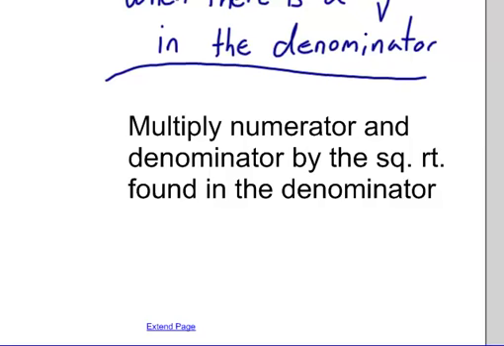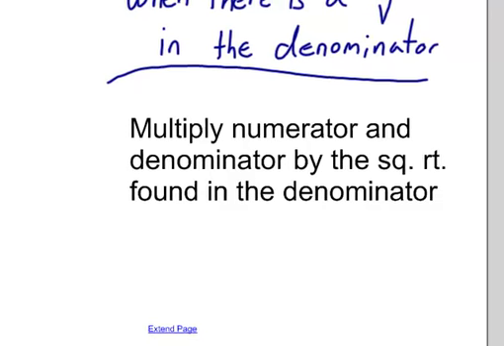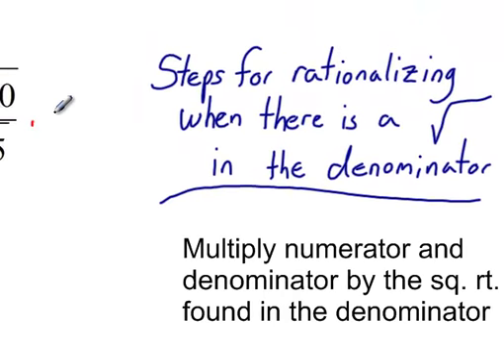So in this case, we are multiplying the top and the bottom by the square root of 15. Notice this doesn't change anything because this square root of 15 over square root of 15 is simply 1. You can multiply anything by 1 and it doesn't change.